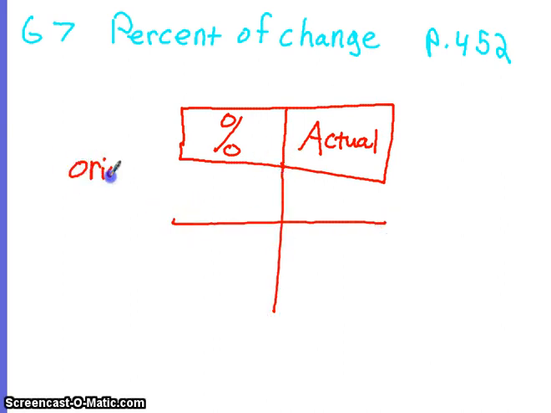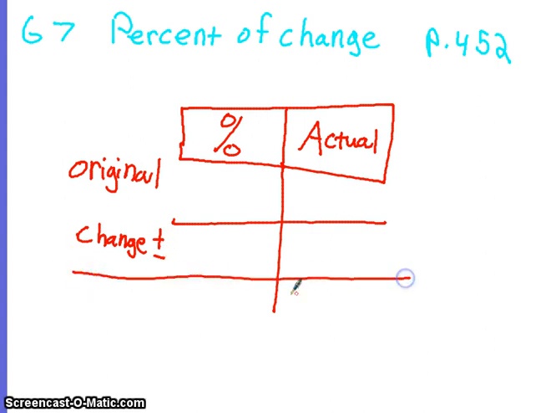we will write original, the original percentage first, and then the change, plus or minus, second, whatever that change is. It depends on what the problem is.